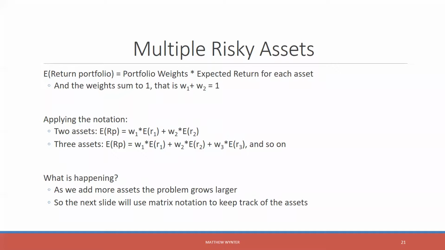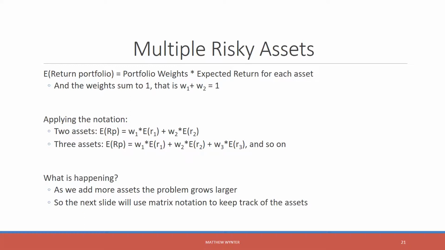If we apply the notation, we've got the weight for asset 1 multiplied by the expected return for asset 1, the weight for asset 2 multiplied by the expected return for asset 2, and so on. So what's happening? As we add more and more assets, the problem's going to grow larger. So for the next slide, I'm going to use matrix notation to keep track of the assets.